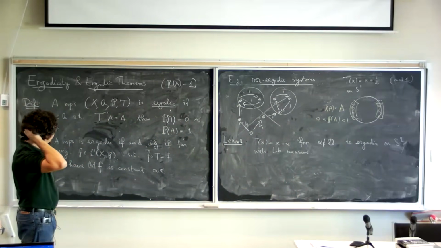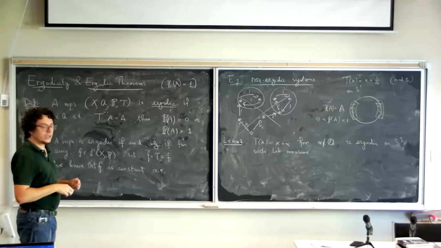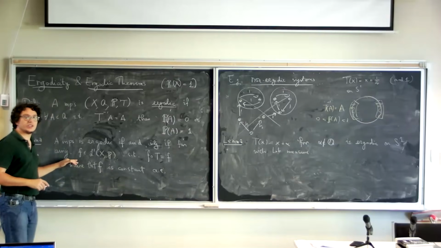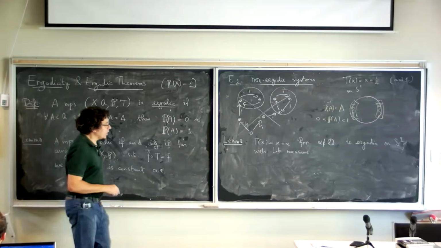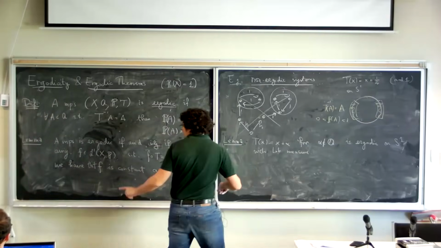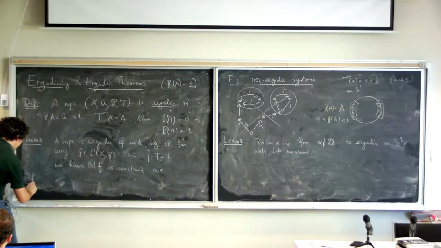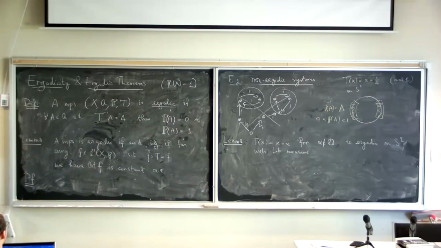And the best way to do this is to check using functions. So we have to prove the lemma here, and also we have to prove that one. Let's see.